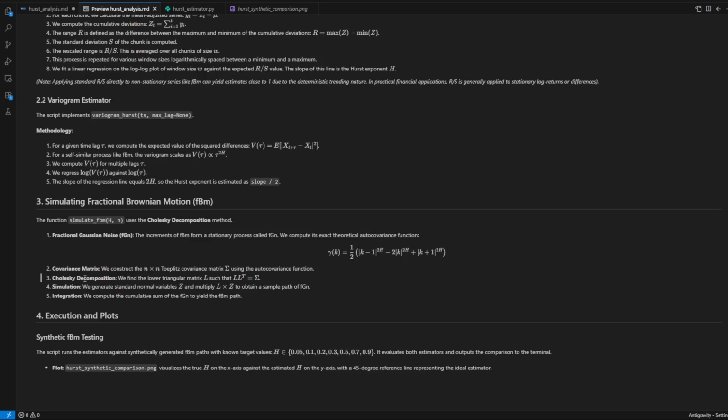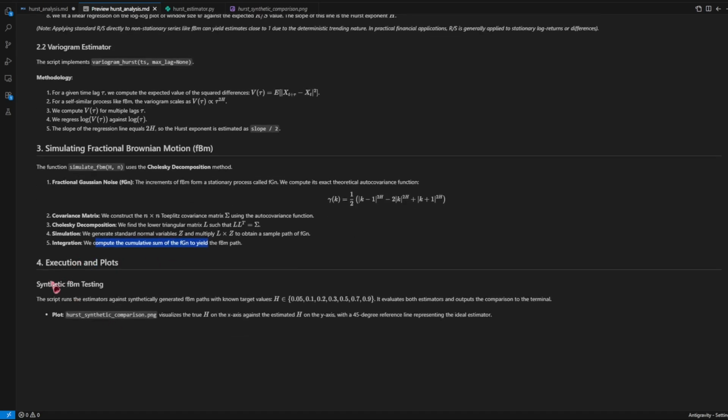And then with the Cholesky decomposition, we find the lower triangular matrix L, and then we generate standard normal variables z and multiply L by z to obtain a sample path of the fractional Gaussian noise. And lastly, we compute the cumulative sum of this Gaussian noise to yield the fractional Brownian motion path.